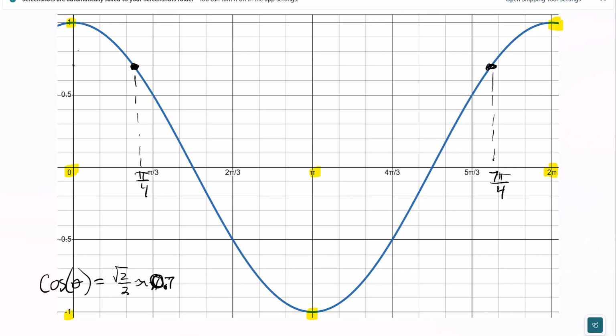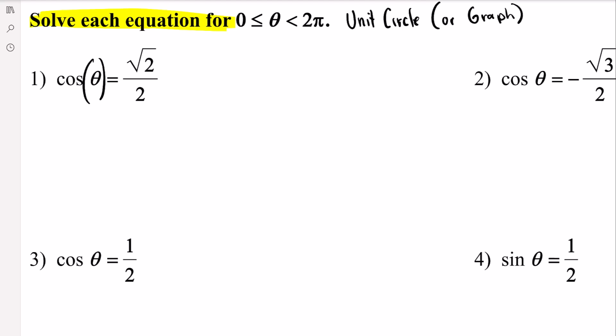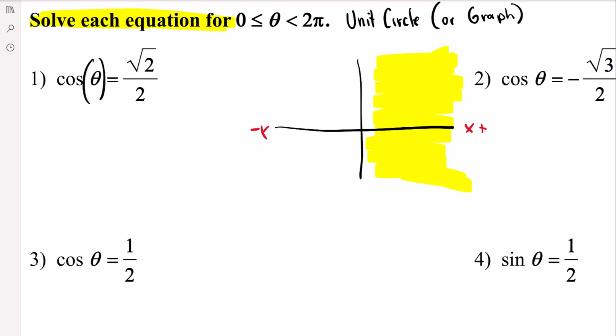All right, let me go back to this. The other way to look at it is on a unit circle. Cosine values are positive in these two quadrants, right? Because the x is positive in this direction, x's are negative in this direction. So where is cosine positive?